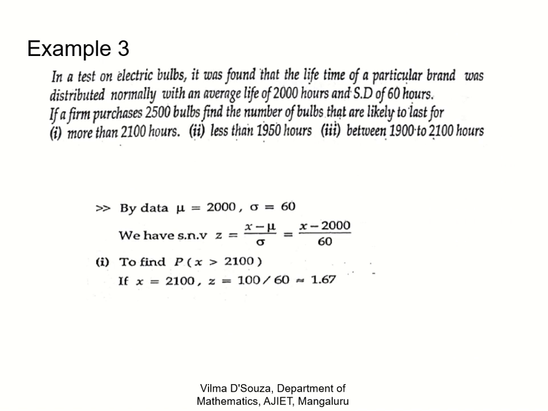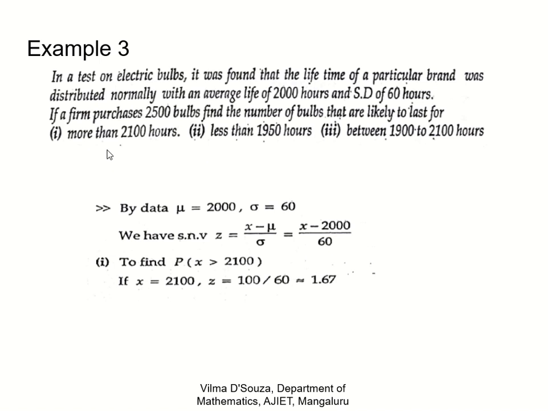So mu is 2000, sigma is 60. So what is your standard normal variate? Z is equal to x minus mu by sigma. Substitute for mu and sigma. Mu is 2000, sigma is 60. So Z is equal to x minus 2000 by 60.